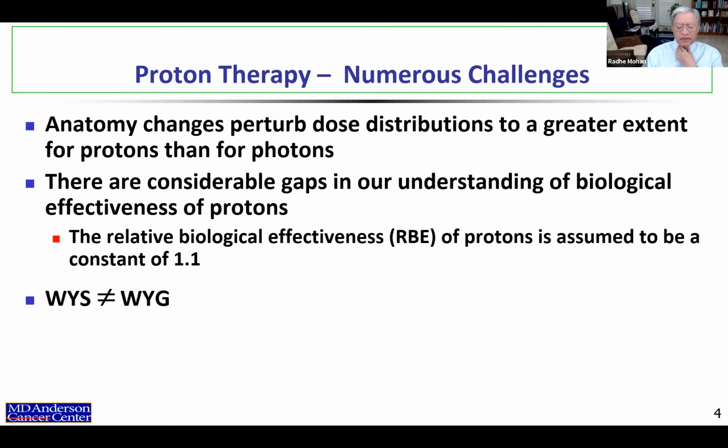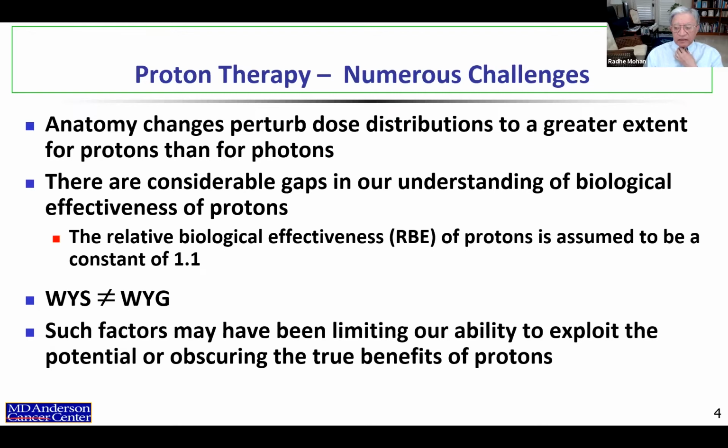So there are other sources of uncertainties also, and what all this means is that what you see on a proton dose distribution is not what we get, or not what the patient receives. And this is in part true also for photons, but it is correct to a greater extent with protons. And these are the factors that may be making it difficult for us to exploit the full potential.